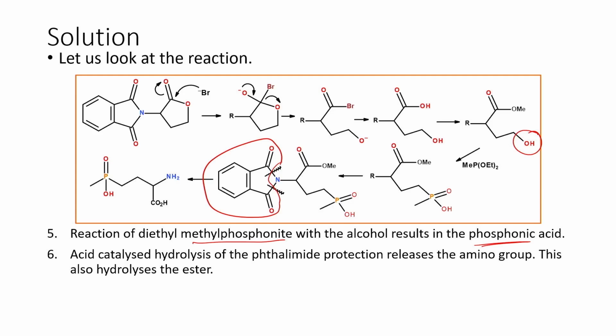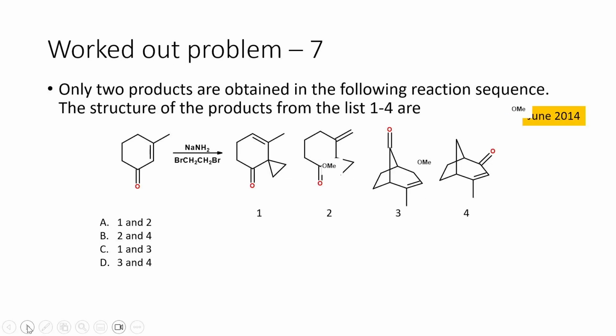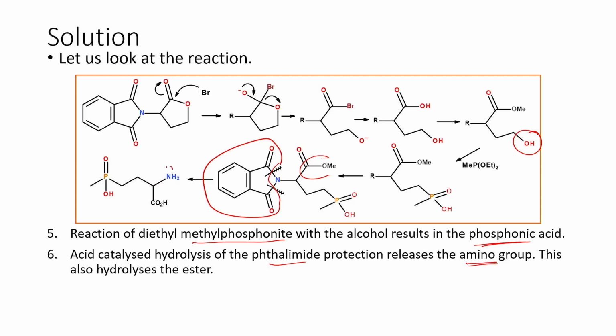So the amino group is liberated during the phthalimide deprotection, and we end up with the amino group. The ester also undergoes hydrolysis under these acidic conditions. So we end up with the corresponding amino acid with the phosphonic acid unit present here. This is the overall reaction that is happening in this case.